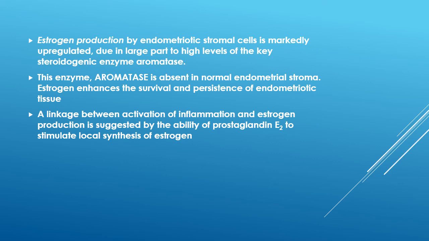Estrogen production by endometriotic stromal cells is markedly upregulated due to high levels of the key steroidogenic enzyme aromatase. This enzyme, aromatase, is absent in normal endometrial stroma. The estrogen enhances the survival and persistence of endometriotic tissue.